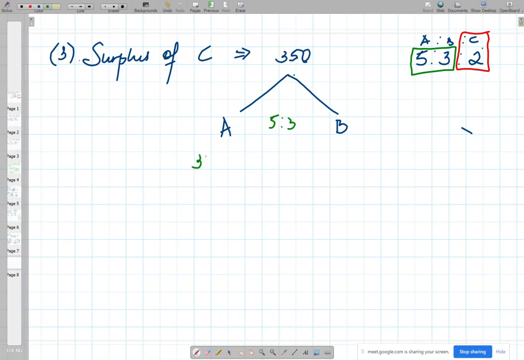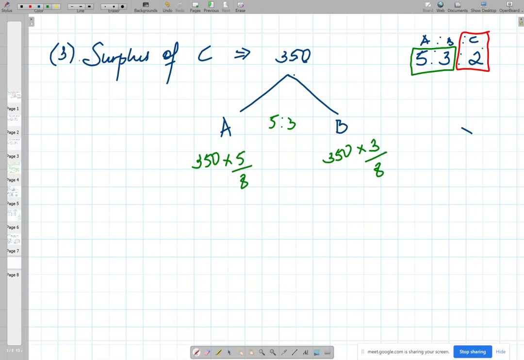So this 350 multiplied by 5 by 8, not 10. Now it is 5 plus 3, 8. Correct? And give him also 350 multiplied by 3 by 8. Have you understood this? So same ratio, but not the entire ratio, because C is not in the picture. So you don't have 3 parts, you just have the 2 parts. Fine.